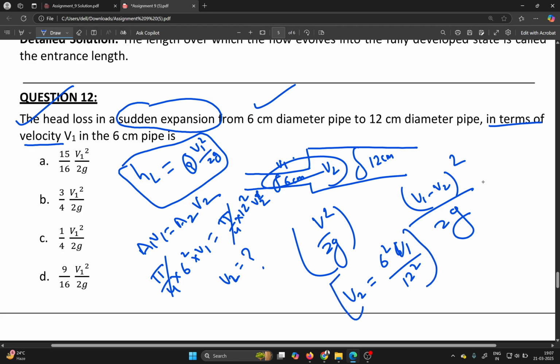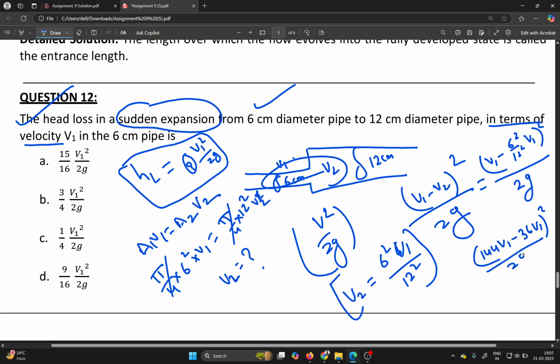Now you need to put here v1 minus 6 square by 12 square v1, whole square, divided by 2g, which means 144 v1 minus 36 v1, whole square, divided by 2g.